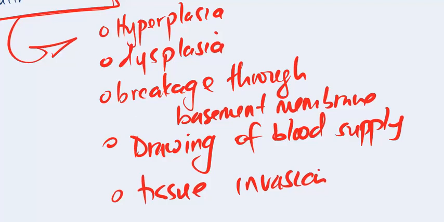These are acquired because they have inherent mutations over time, so they're not inherited genes. Okay, so it's a series of mutations that occur. Again, it's kind of like a cascade. The fact that you have more proliferation of cells means there is a higher chance of getting a mutation.